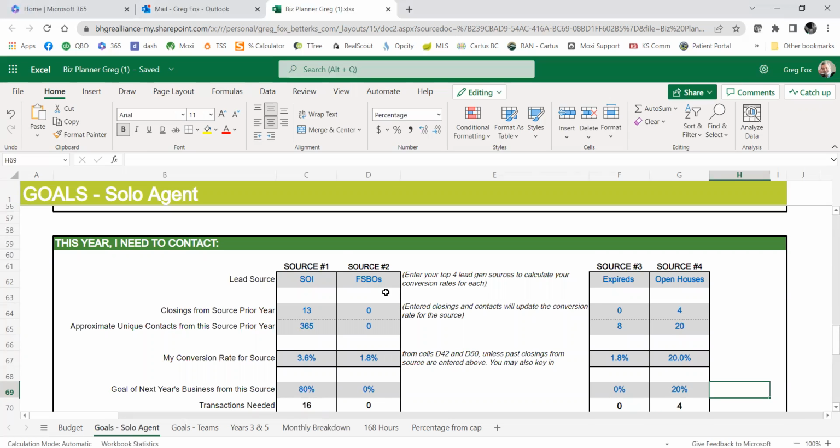How many did I close last year? And if you don't have that, then find some national averages from NAR. If you have a lead source that you use, such as Zillow leads, change that and put that in. I bought X number of Zillow leads last year and I closed this number, and include that in your transaction. You can do all of those.